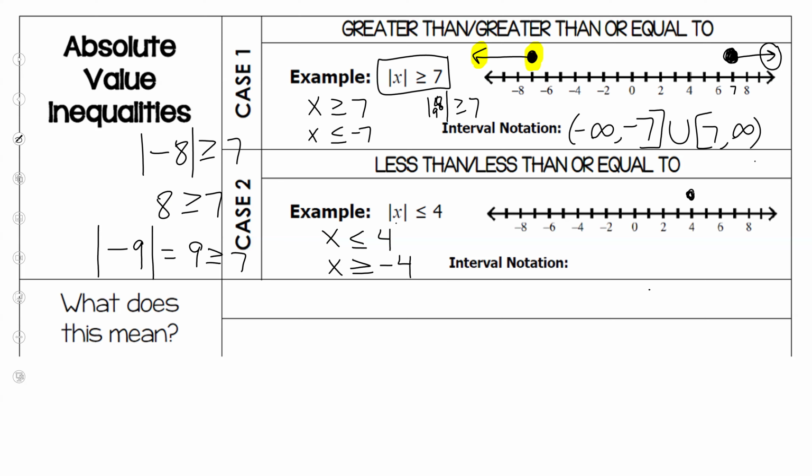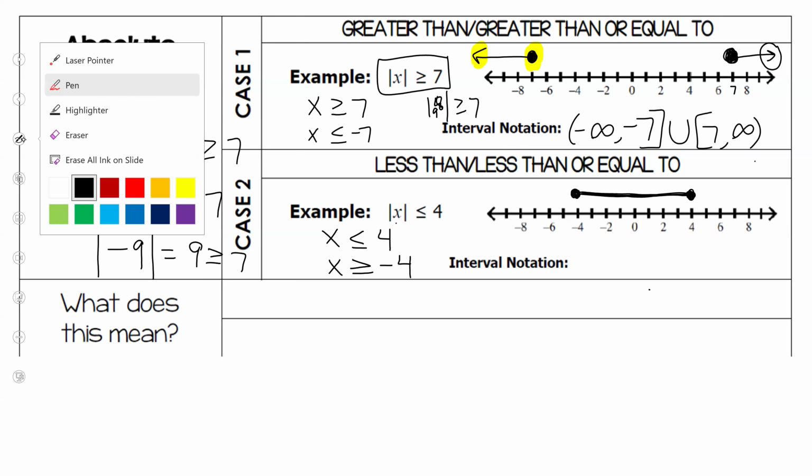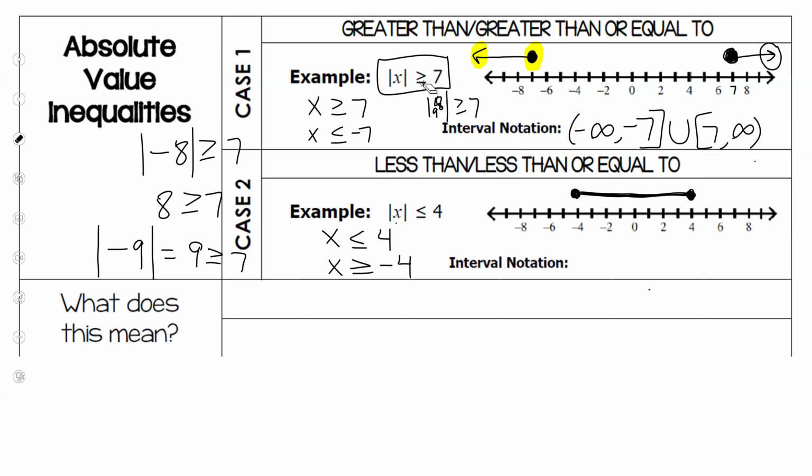The numbers less than 4 are going this direction. The next one, x is greater than or equal to negative 4. Here's negative 4. Greater than or equal to negative 4 is this way. So we're creating a bar. They're connected. Okay? So notice when you have a less than or equal to, you're going to have a bar. When you have a greater than or equal to, they will face opposite directions. Okay? Those are your two different types you'll see on the number line.